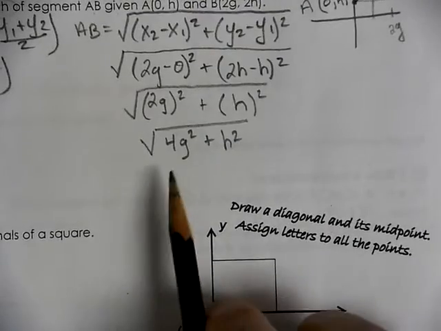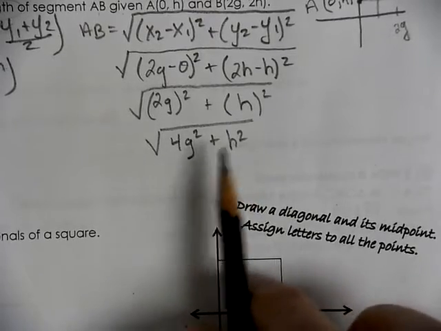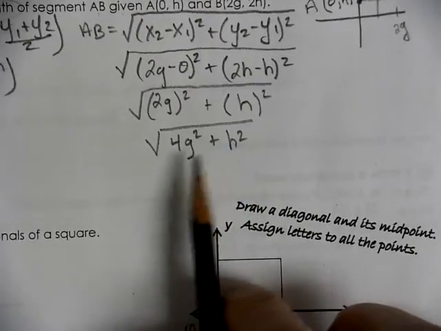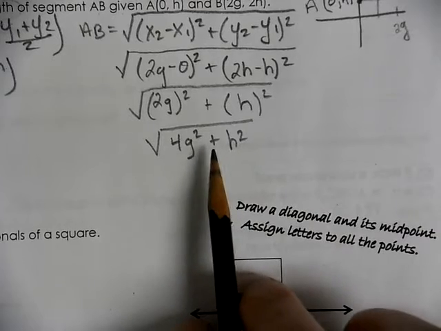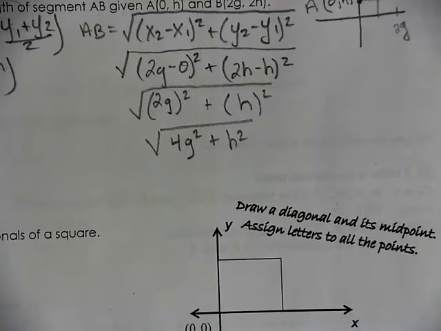Now, if we were taking the square root of either one of these independently, we could take the square root of that. But you cannot take the square root of something being added together. So we're done. You don't have to worry about the square root of this.